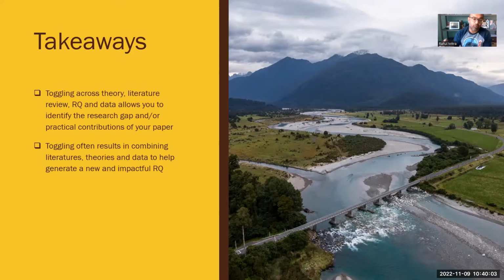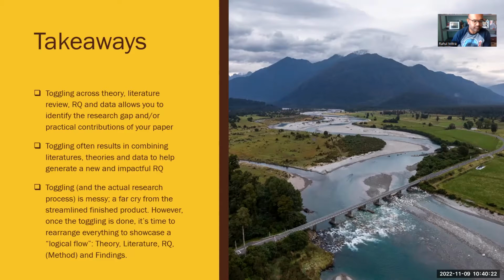In cases where the old RQ was primarily based on prior research and theory, you might find that your new data is exciting and describes a new issue that prior research is simply inadequate to address. And so, you might actually create a revised research question in many ways. Finally, again, just to emphasize the whole metaphor of the image on the right-hand side: toggling and the actual research process is messy.